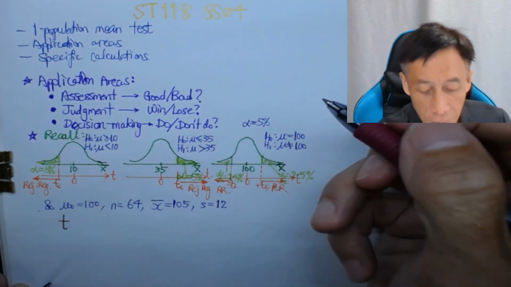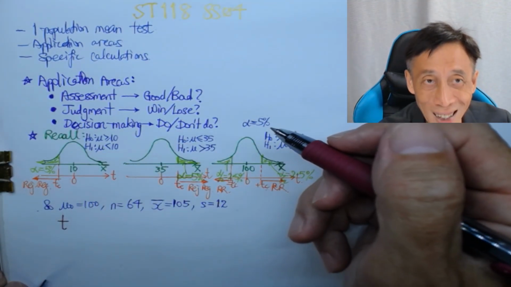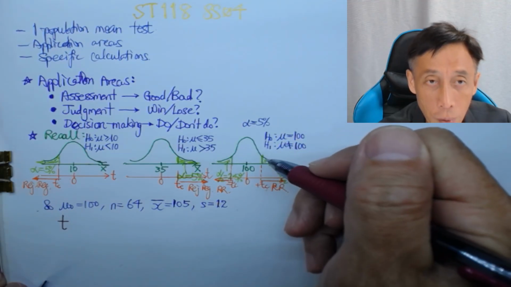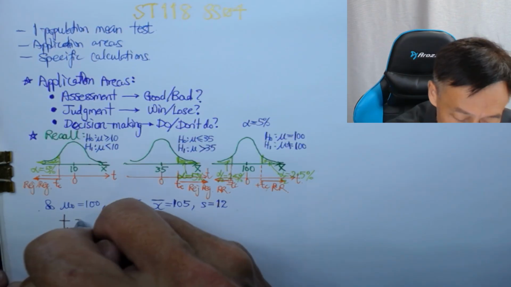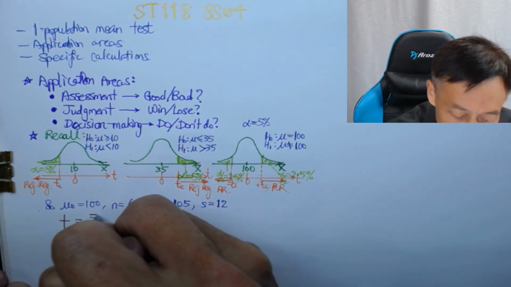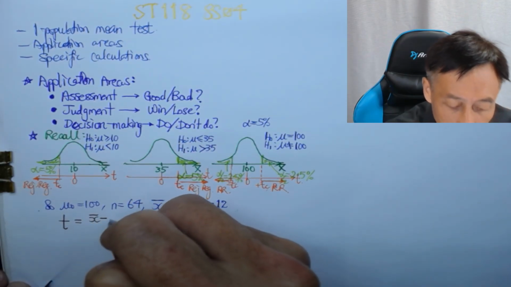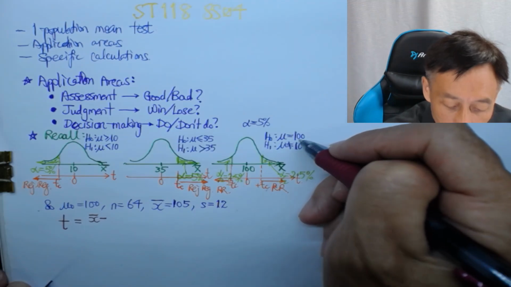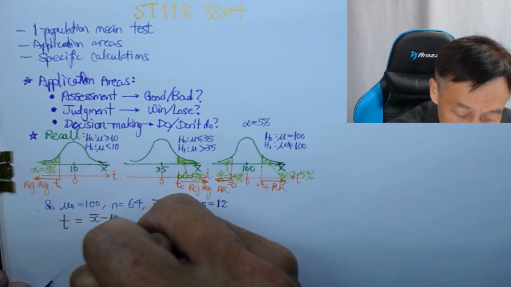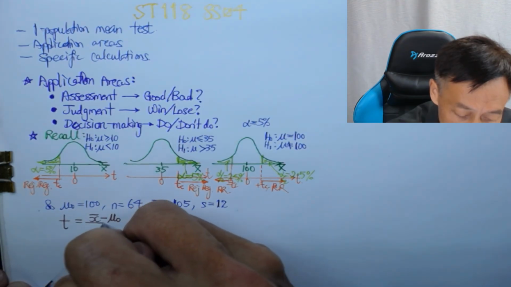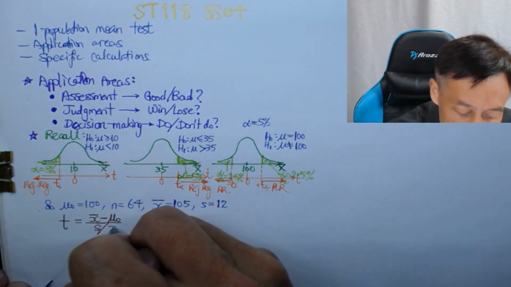If it is Z distribution, then we will use Z. But fortunately, the formula is the same. We will be using x bar minus mu, supposedly, but mu is equal to mu naught, which is equal to 100, right, over S over square root of n.